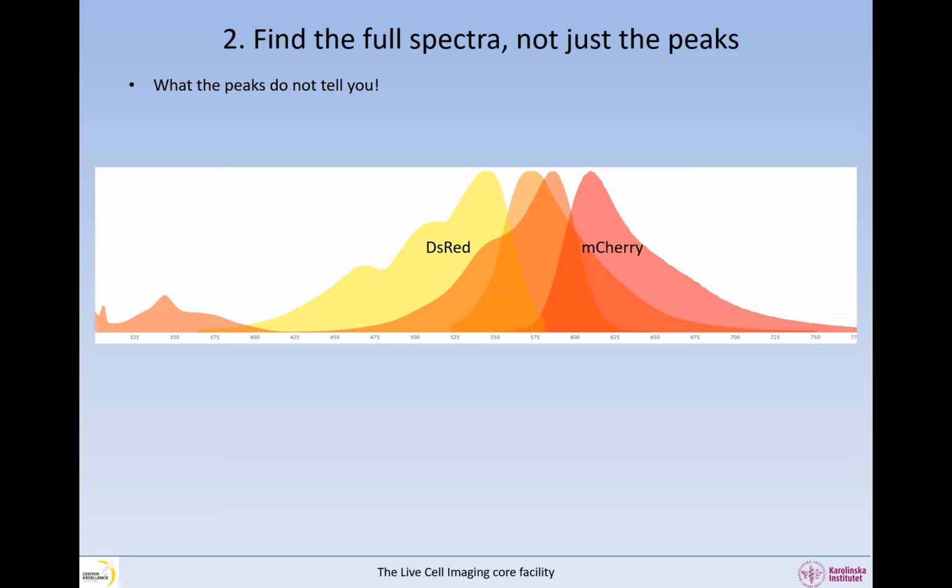Here are some more examples of what the peaks do not tell you. In this graph, you can see the excitation and emission curves of DsRed and the excitation and emission curves of mCherry, two red fluorescent proteins. What you cannot see if you only get the peaks is that mCherry is really excited in the UV, and DsRed has two big excitation shoulders where the fluorophore is actually very well excited.